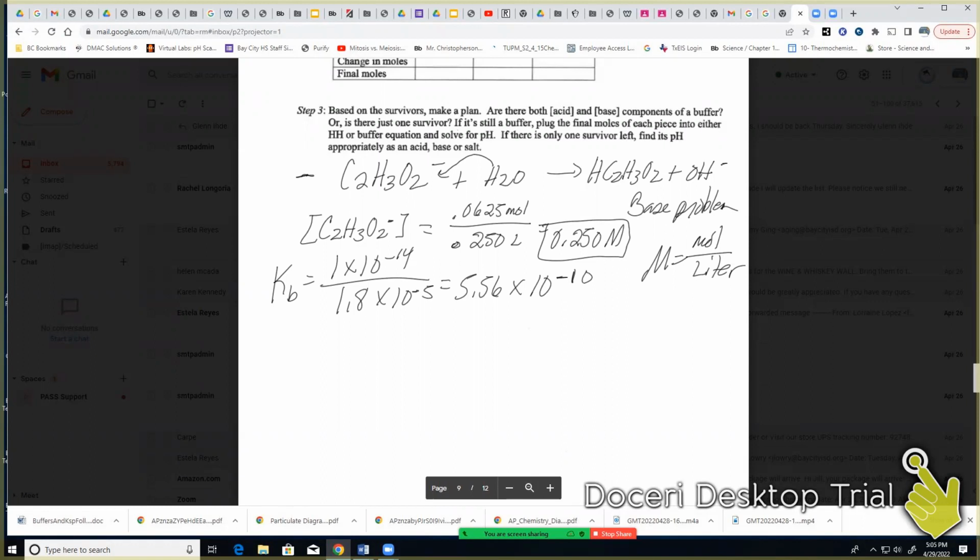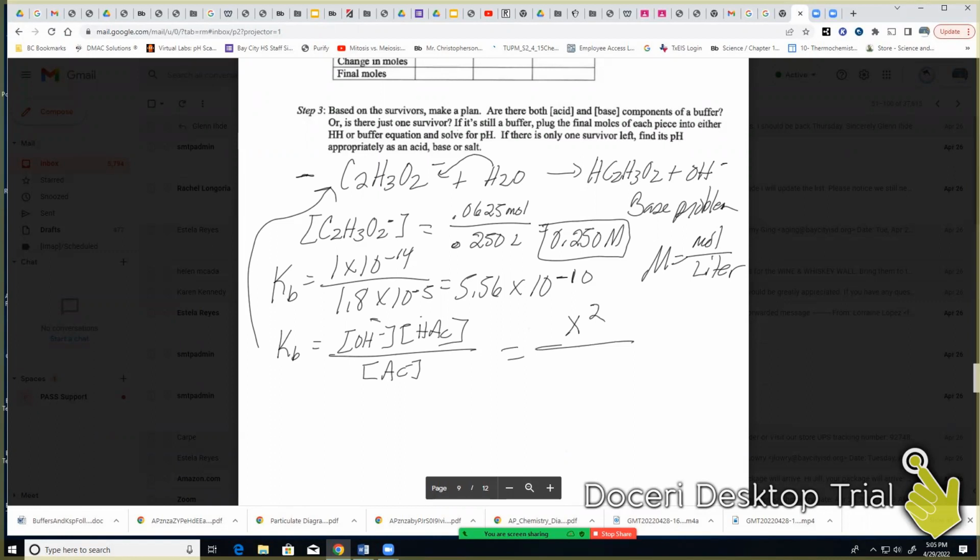All right, so now if I write my Kb, and remember I'm writing it for that reaction, it's going to be hydroxide concentration times my acetic acid concentration divided by my acetate. I got myself confused there for a minute. All right, so that's what we got. We don't have any of these two at this time, so that's going to be my usual x squared.